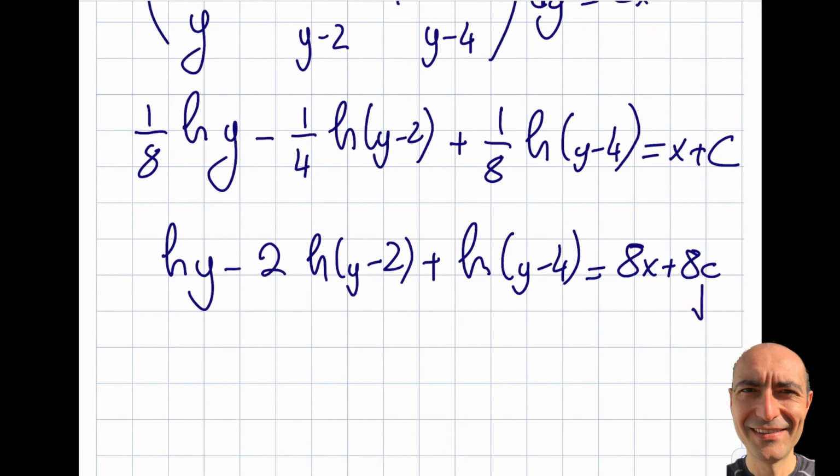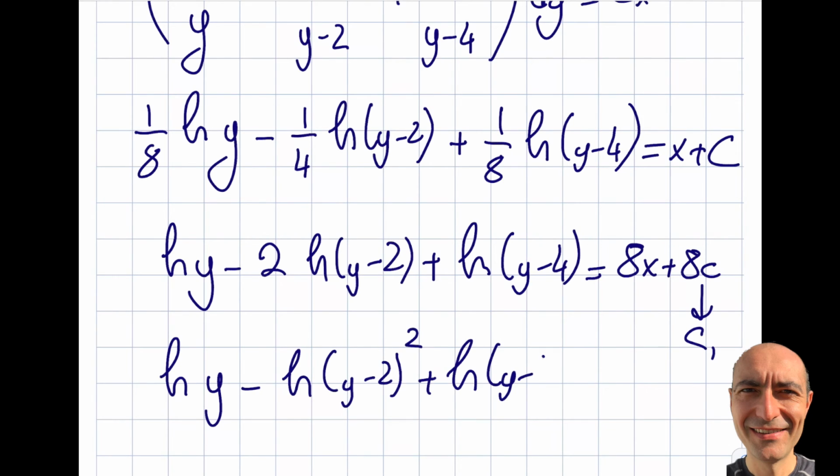You do realize that 8c is still a constant, so I'm going to call it c1, like another constant. You can call it d. If I combine them, let's make sure I show the details. ln y minus ln y minus 2 squared, do you see it? Plus ln y minus 4 will be equal to 8x plus c1.